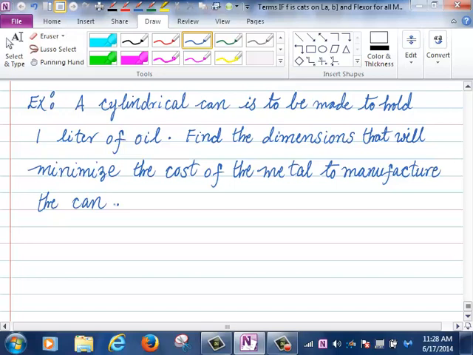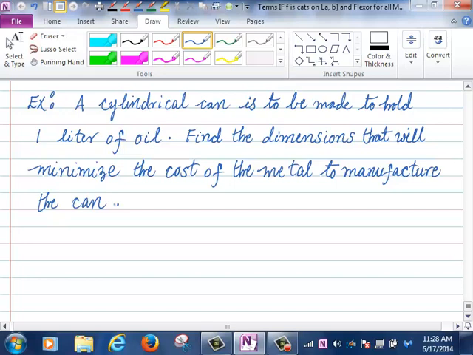So the question is, how do you choose the dimensions of the can to minimize the cost of producing the can? Here we are given that the cost of metal is constant, so it doesn't change.